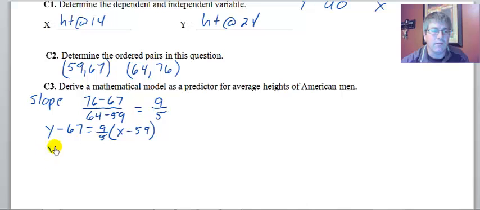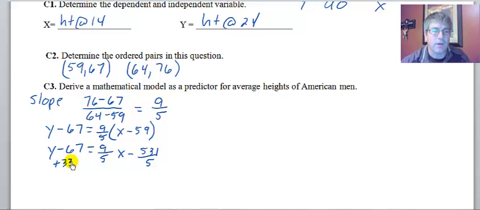We'll distribute our 9/5. y minus 67 equals 9/5 x minus whatever 59 times 9/5 is, and we will see that is 531/5. 67, well, that is 335/5.